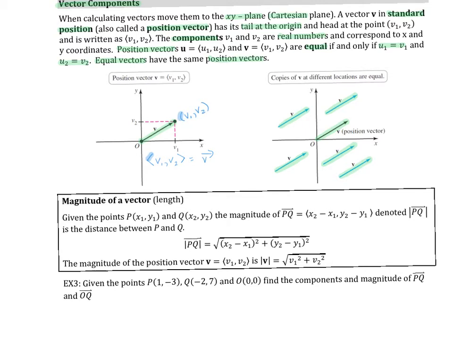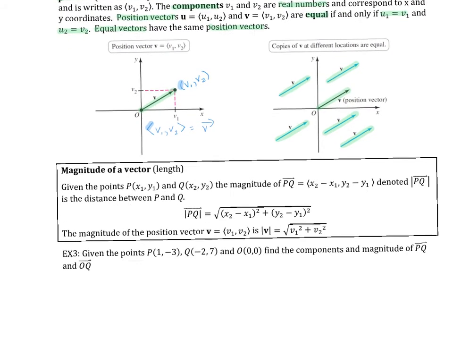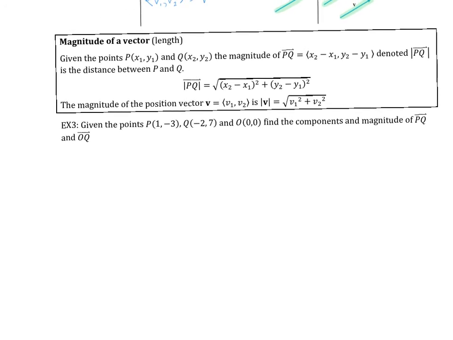So now what we're going to do is compute the magnitude of vectors, since we now can describe them in terms of their components. Since we're talking about vectors in a coordinate system, where we can talk about their components as x and y values, or v sub 1, v sub 2, then when we look at the magnitude or the distance from the tail to the head, they're going to correspond to points.